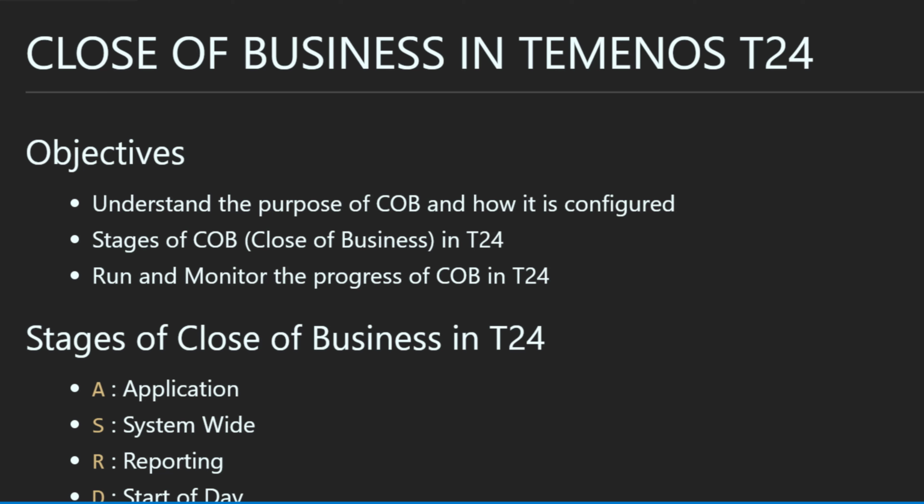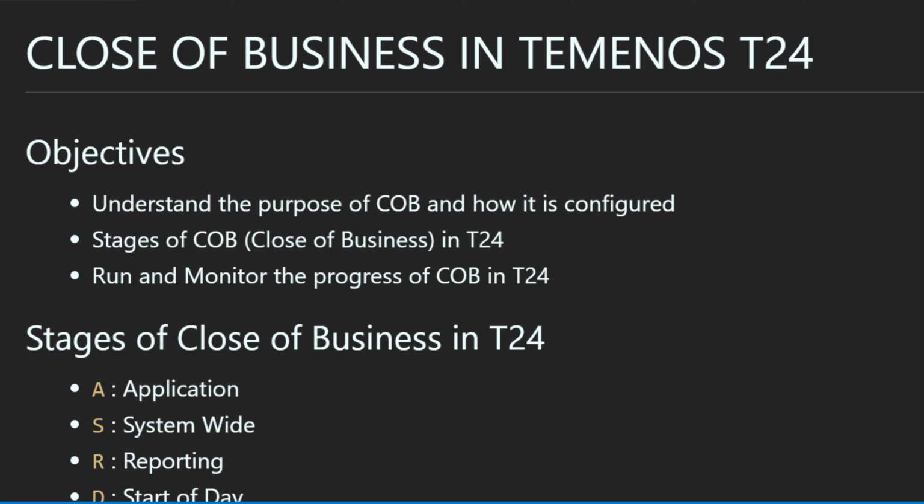Production of various reports, such as trial balance, is also done during COB. Execution of standing orders and changing the business date are also done during COB. So if you don't run COB, the system will not be able to advance to the next date.